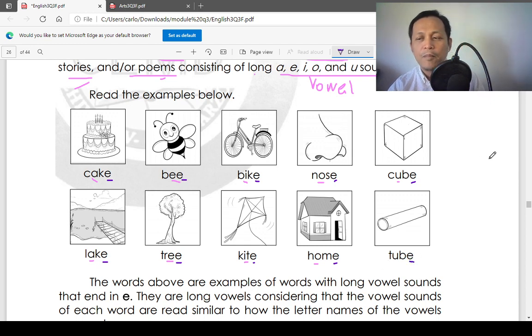Also, please notice how I pronounce the vowel sound before the final E sound.